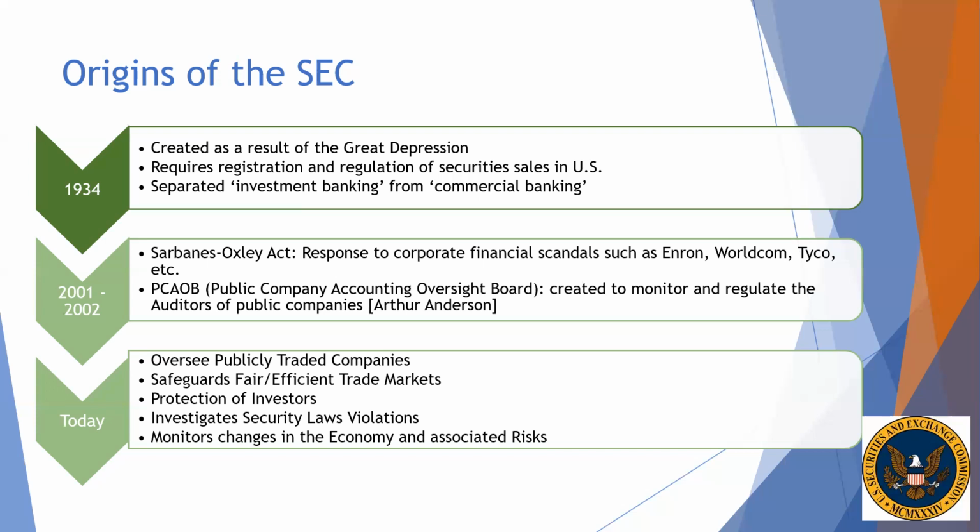Now, everything was going along pretty well from 1934 to the early 2000s. Then the corporate financial scandals of 2000 and 2001 hit. And those were some of the scandals, such as the Enron off-balance sheet financing scandals, WorldCom, Tyco, etc. And as a result of those corporate financial scandals, Congress set up what's called the Sarbanes-Oxley Act.